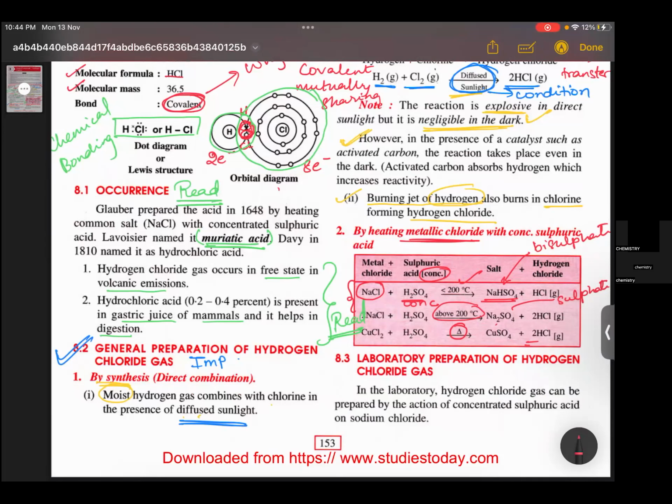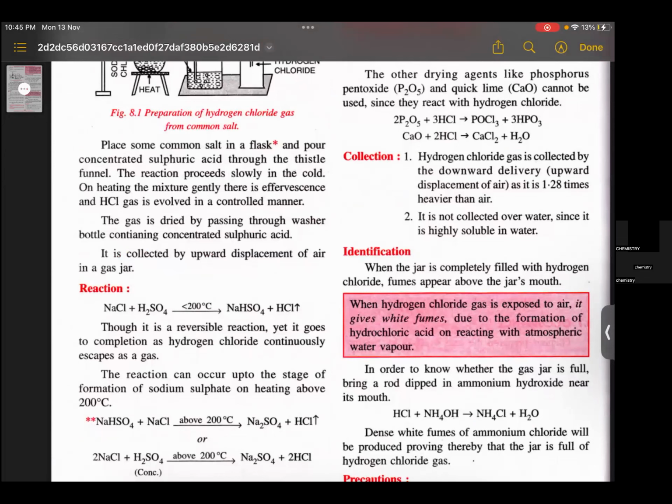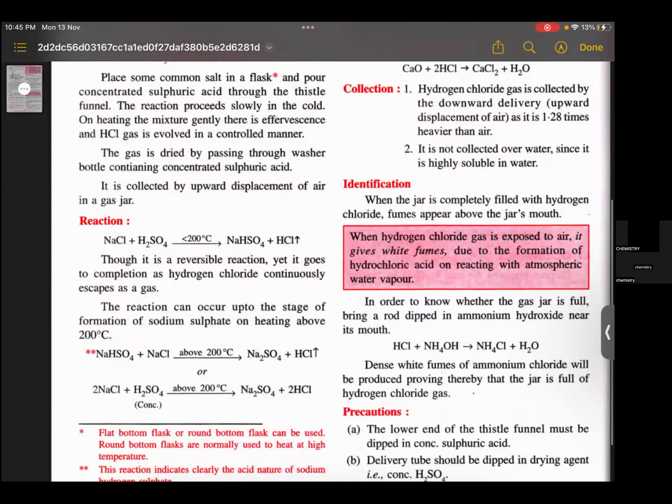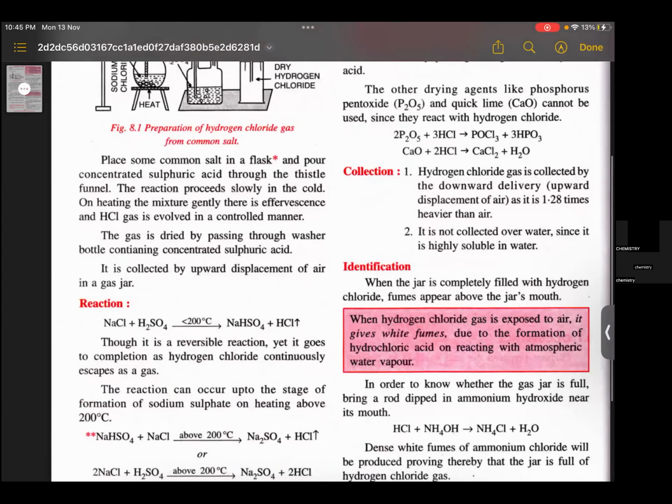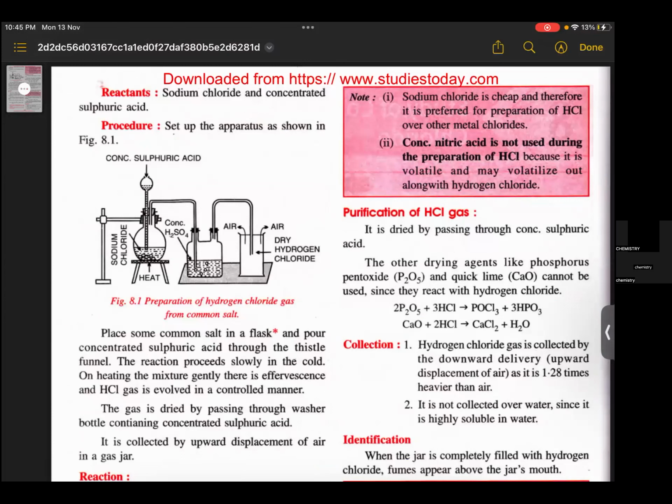We will be studying the reactants, the procedure, the reaction, the purification. There are one or two give reasons that come with this. We will be learning the collection method, how do you identify whether what is evolved is hydrogen chloride, and the precautions. So just go with me and we'll be finishing the preparation quickly.